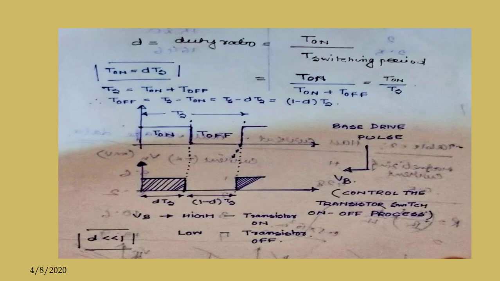So now we will draw here the base drive pulse VB. During the on period VB is applied to the transistor, and in the off period it is low, so the transistor is switched off. So this is the base drive pulse which controls the transistor switching on and off.